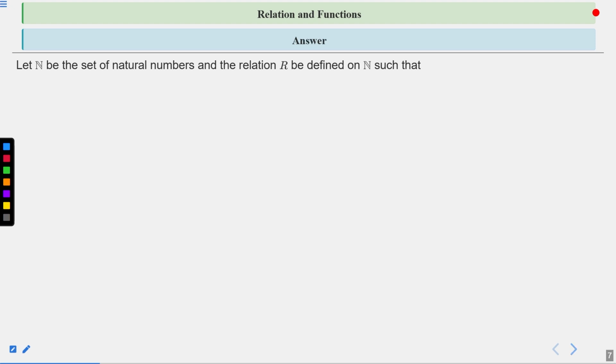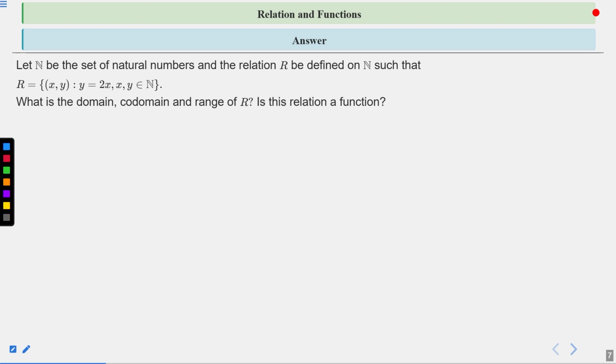So how are we going to start? Very simple, by definition. Starting with the set builder form of the given relation, the set of all ordered pairs (x, y) such that y is twice of x and x, y both belong to the set of naturals.